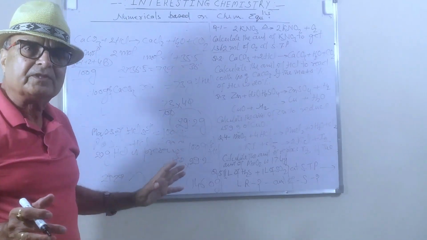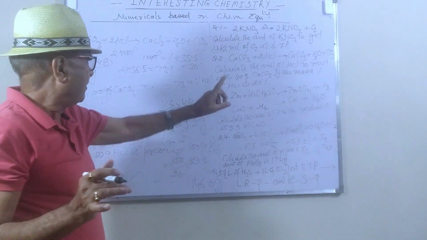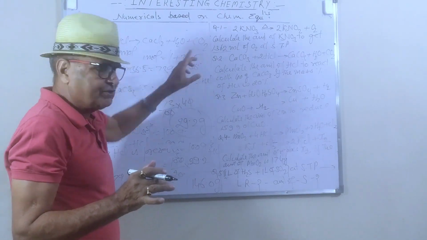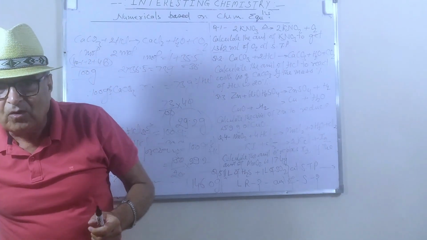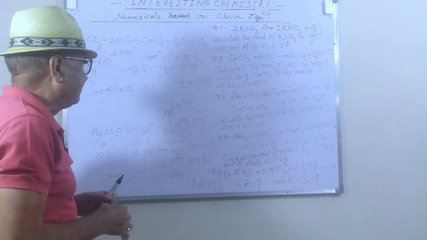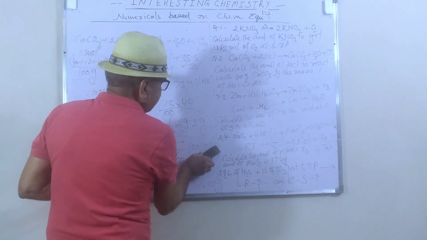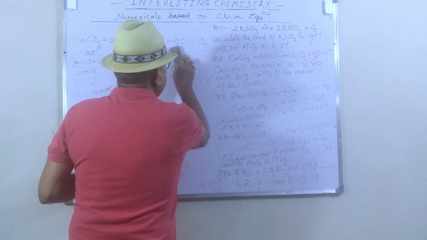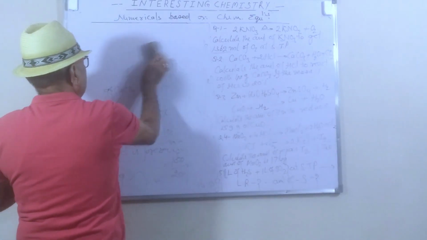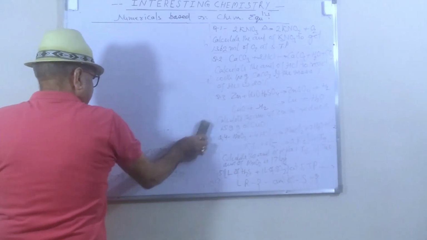I think that you have understood the second question. Now I am coming to the third question. The third question is Zn, H2SO4 and Cu.